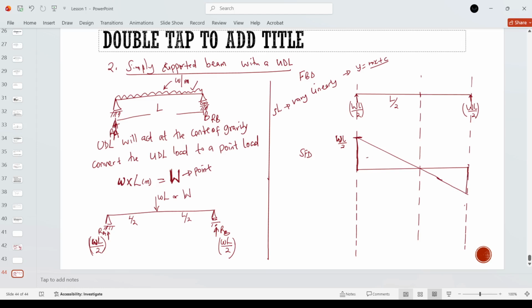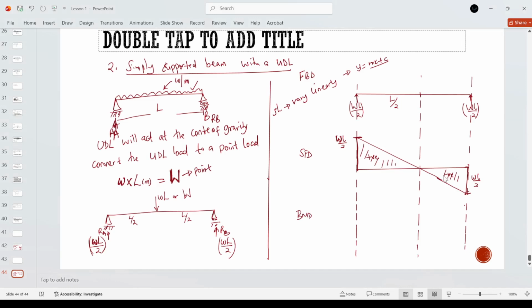So we'll have positive and negative, and then the magnitude will also be WL over 2 because it is a UDL. Okay, so we need to know that because we will not be drawing all these anytime we want to do the calculations. Then we now have the bending moment diagram.